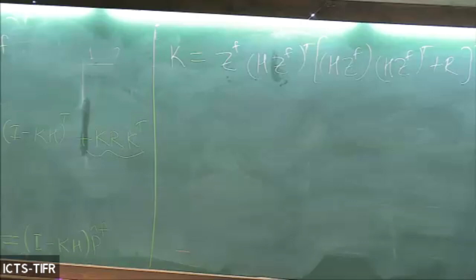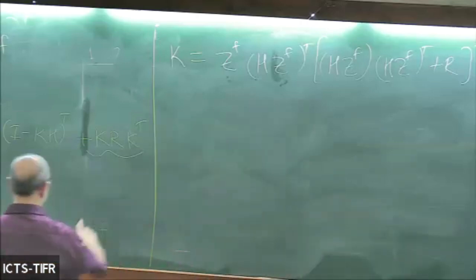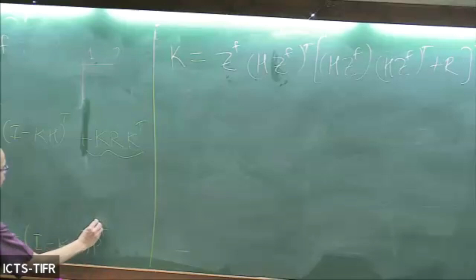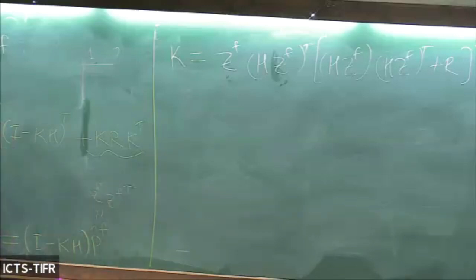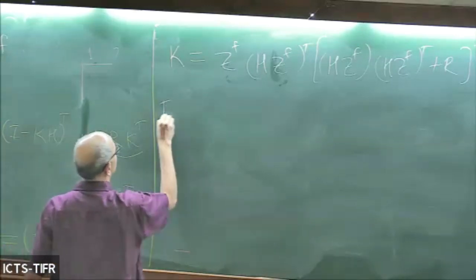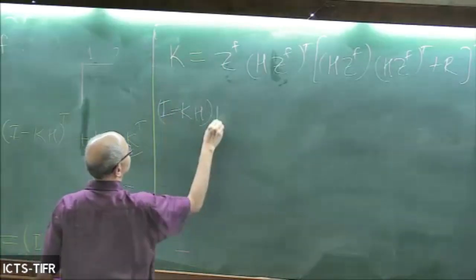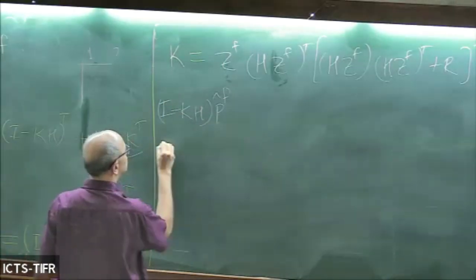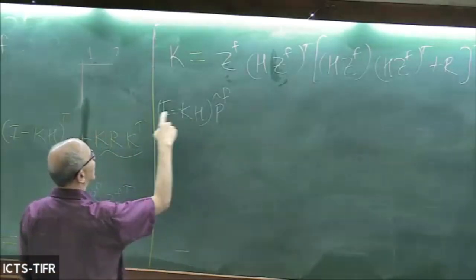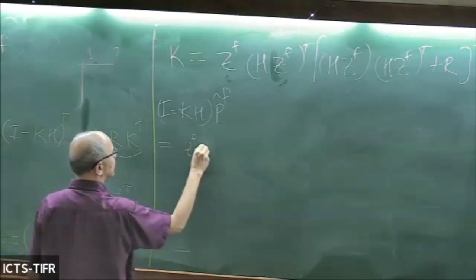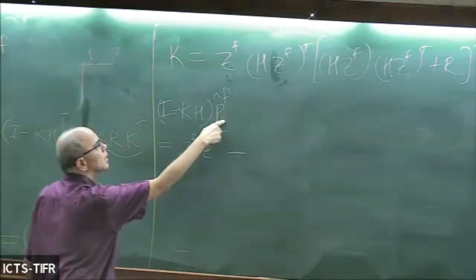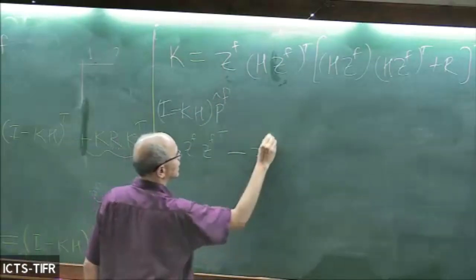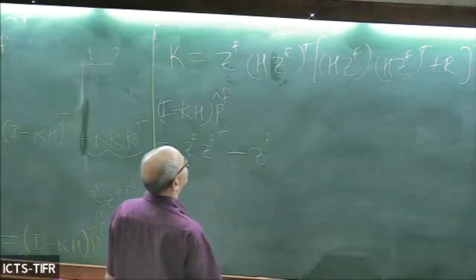Now I see. So once I substitute this K in here, and PF happens to be equal to ZF transpose, put it all together, and we will see that this expression I minus KH PF hat is equal to I times PF, which is ZF transpose minus KH PF. K is over here, so that is ZF. That's on the left, which is the same factor here.